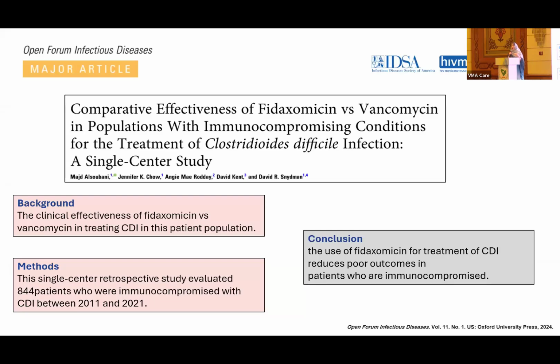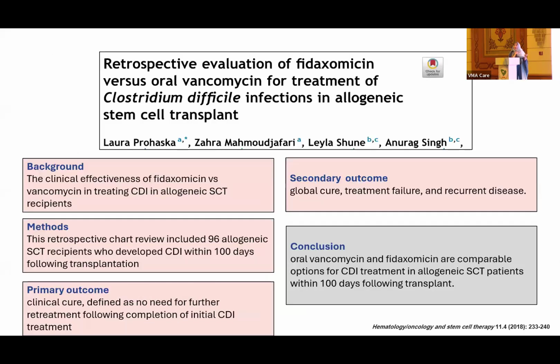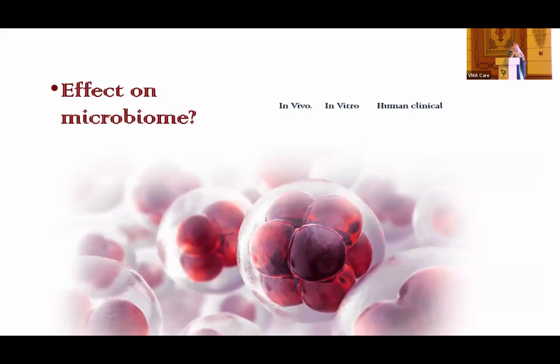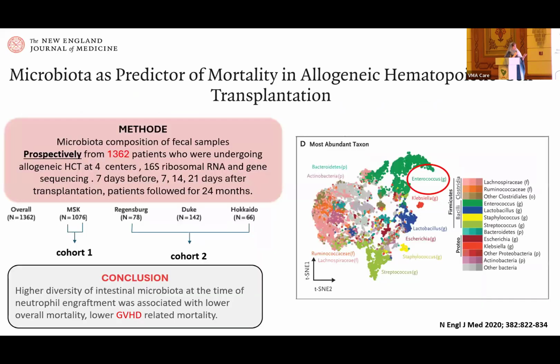Some studies suggest fidaxomicin is a better option, and some showed a comparable effect between vancomycin and fidaxomicin. So how can we answer the question that I asked you? We have to go to the next step, which is the microbiome, which is very important in allogenic bone marrow transplant, and I will show you why.